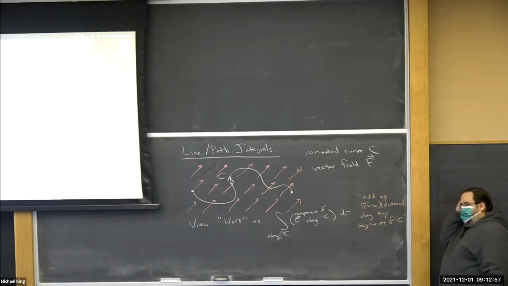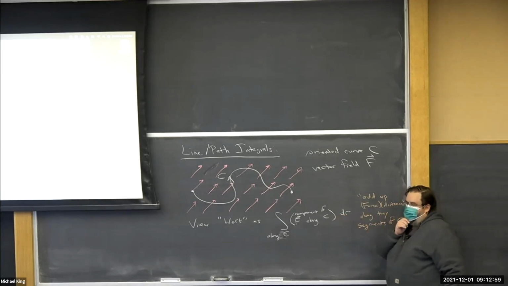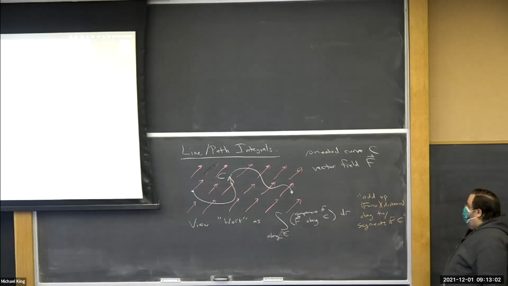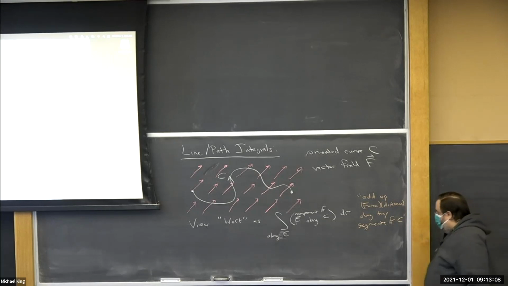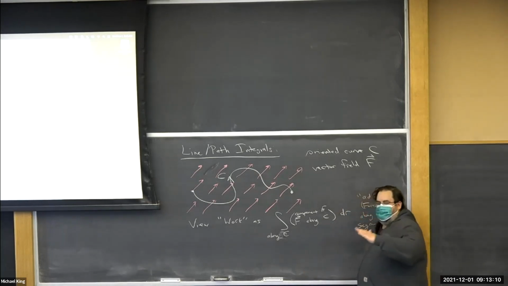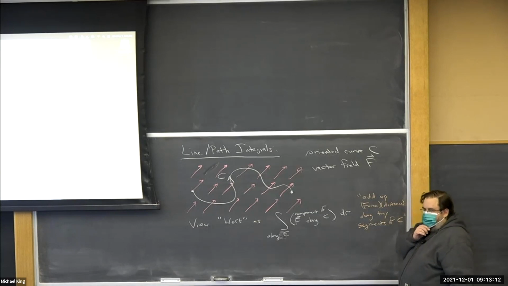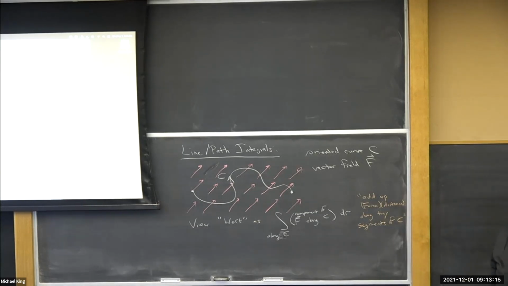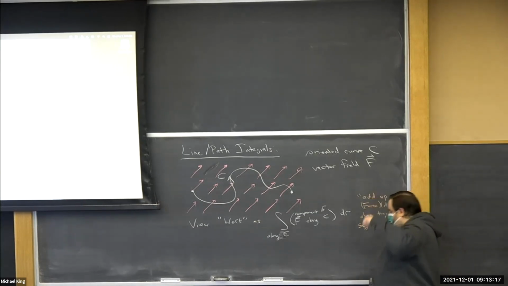But the force only cares about the component along the path. That's what we were talking about with the ramp last time. If you remember from Monday's class, we were talking about pushing a block up a ramp as opposed to lifting it directly.